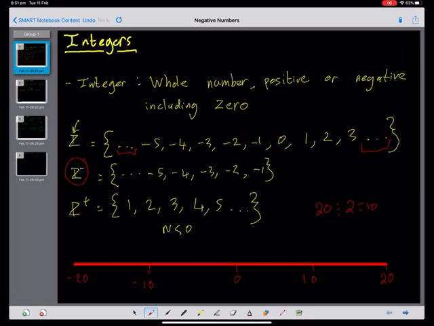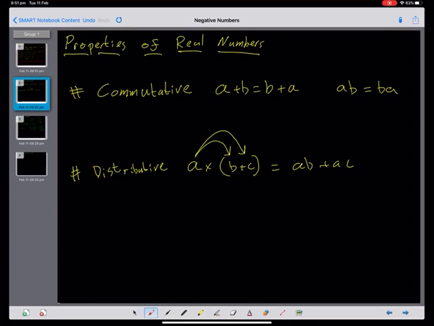Okay, so I don't want to spend any more time on number lines, and I just want to look at the next slide. Okay, so there's certain properties of real numbers or integers.